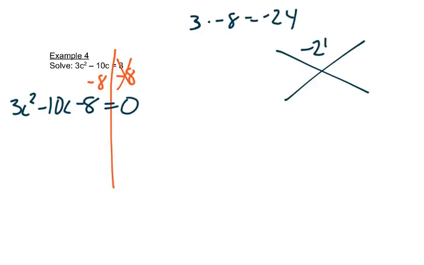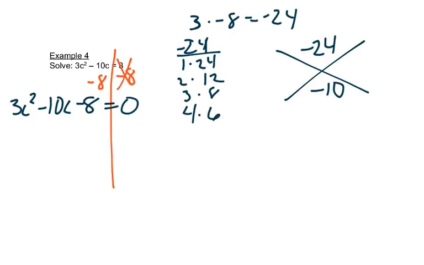So I'm trying to find two numbers that multiply to get negative 24 and add to get negative 10. So we could list our options: 1 and 24, 2 and 12, 3 and 8, 4 and 6. If I want the sum to be negative, the bigger number has to be negative. And I see here's my numbers right there, 2 and negative 12.